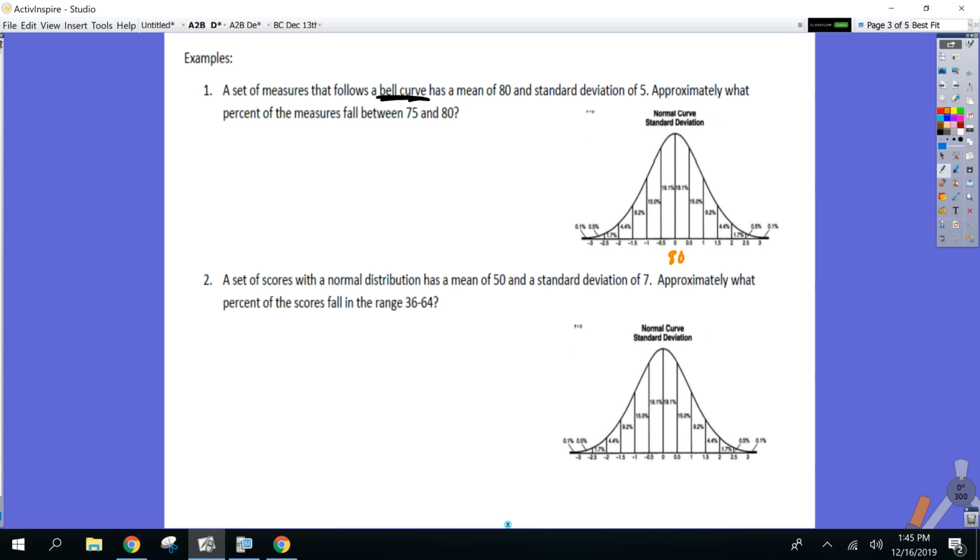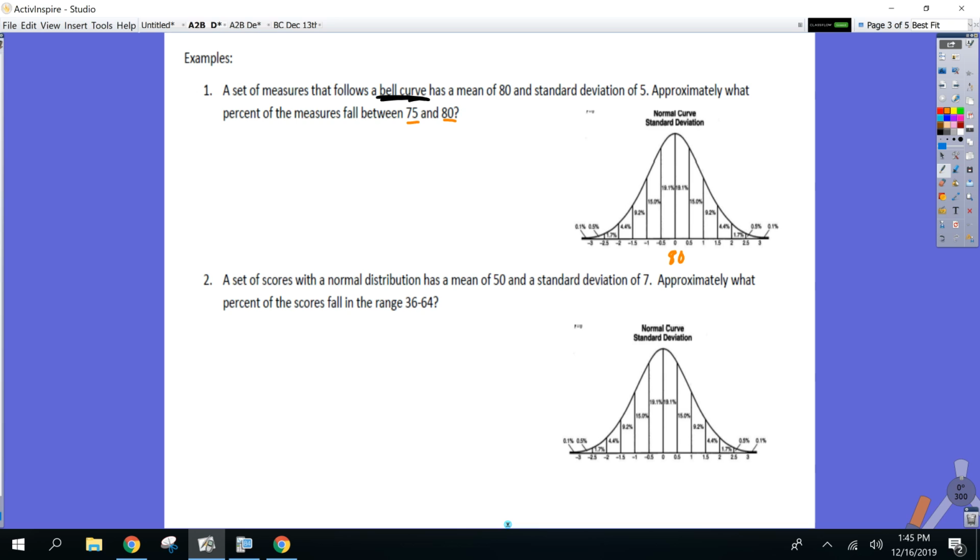What percent of kids fell between 75 and 80? I need to find on the curve where's 75, where's 80. I already know where 80 is. Is 75 going to be to the left or to the right of it? To the left. As I go from 0 to -1, what do I do with 80?